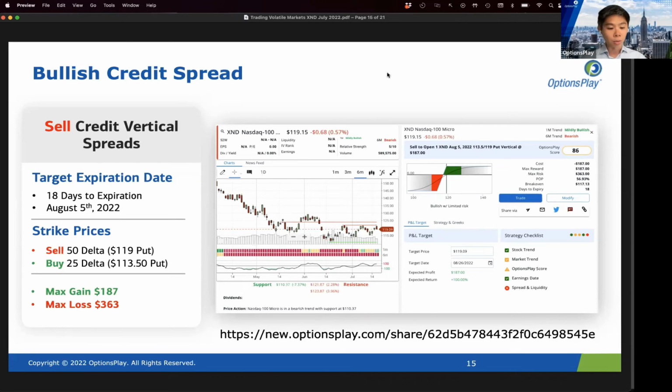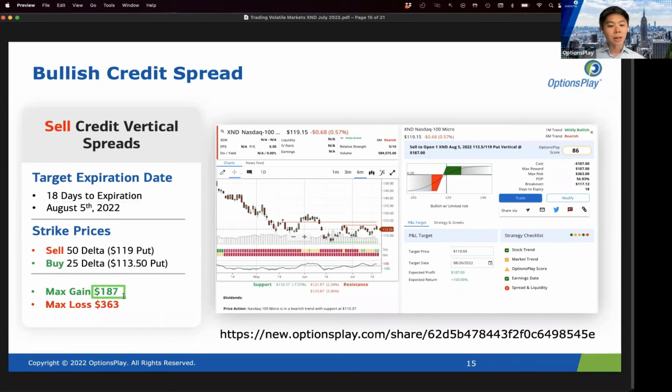So same thing, going out to August 5th, which is roughly 18 days from expiration, that's going to cover the bulk of some of the big names that are reporting in the S&P 500 and the Nasdaq-100, which is going to be in the next 2 weeks or so. And I'm doing a similar type of structure, but on the bullish side. I'm selling the 50 delta put, the 119 put, and I'm buying the 25 delta put, which is the 113.5 put.